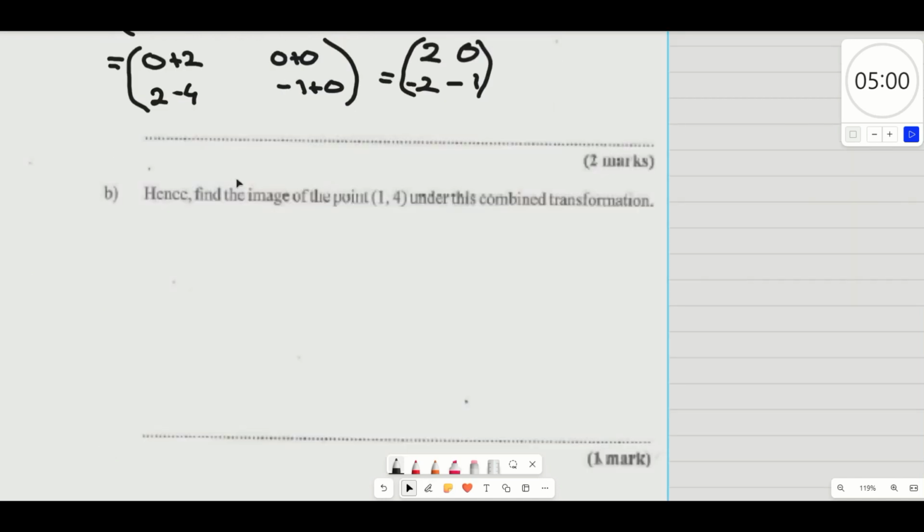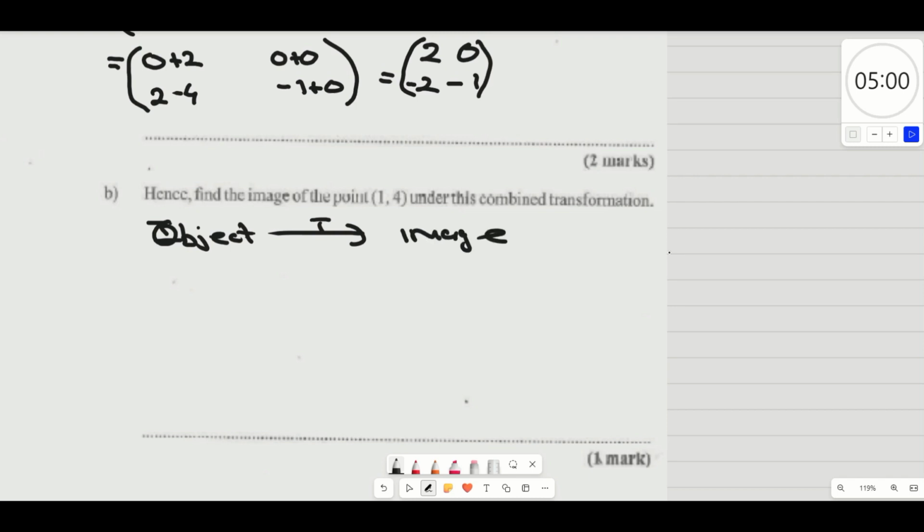Then they ask, hence find the image of the point 1, 4 undergoing the transformation. So we are undergoing that transformation from above. Let's say I is your image. Hence find the image of the point. So it's the object undergoing a transformation that we have on top to give you the image.